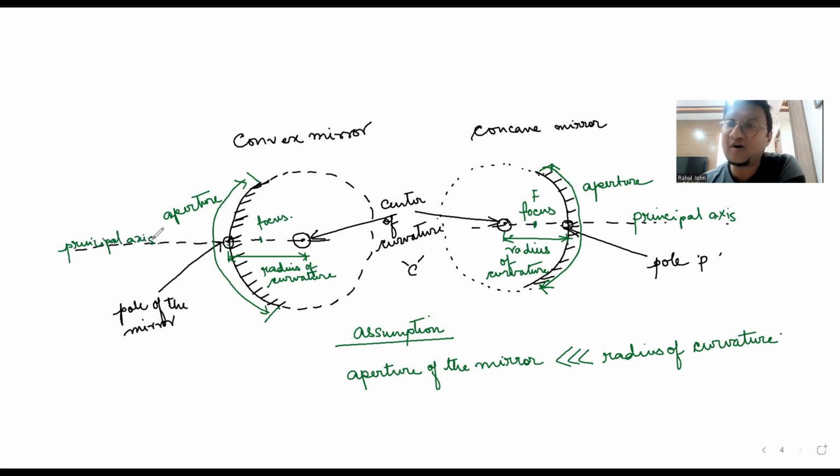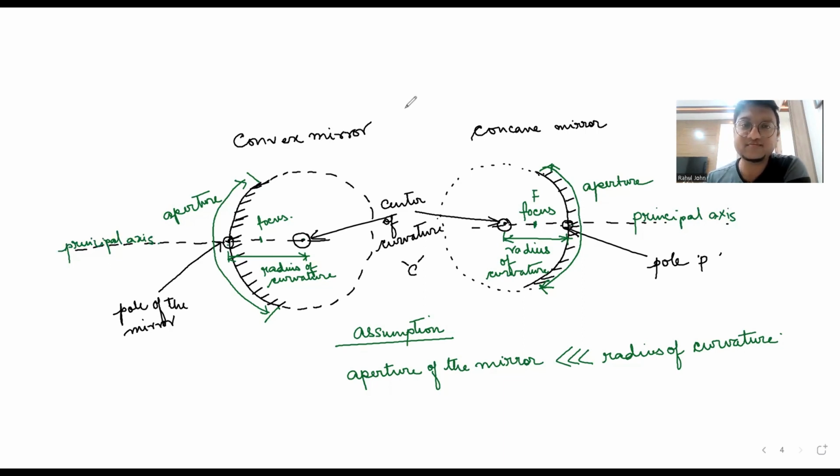And again, we learned about a particular assumption which tells us that the aperture of the mirror is considered to be much, much smaller than the radius of curvature. Only then will our ray diagrams hold true, right?